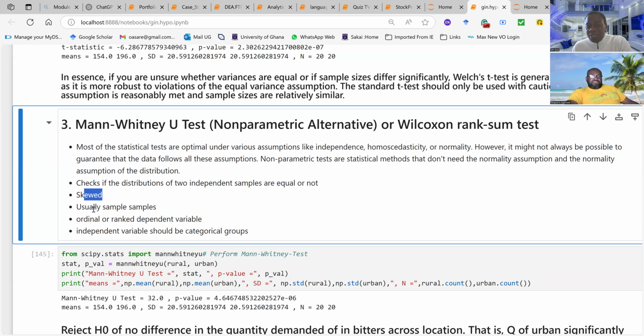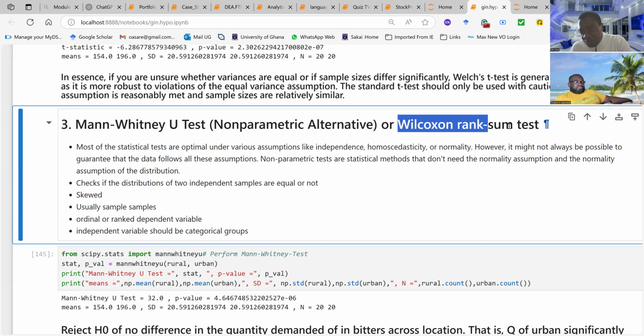When the samples are usually small, when they are usually ordinal or ranked, the dependent variable, like quantity demanded, is usually ordinal or ranked. And when the independent variable is categorical, as in our case, you can use the Mann-Whitney or the Wilcoxon rank sum.